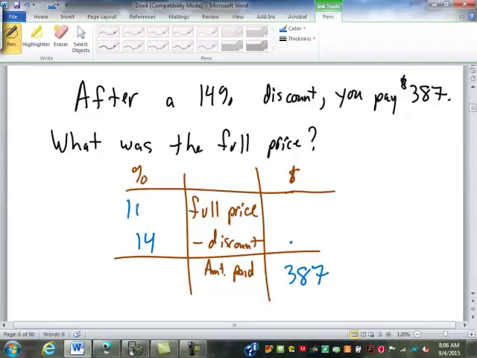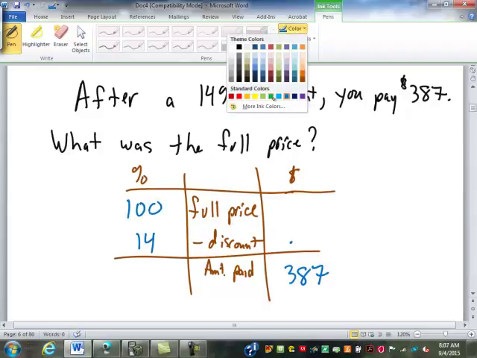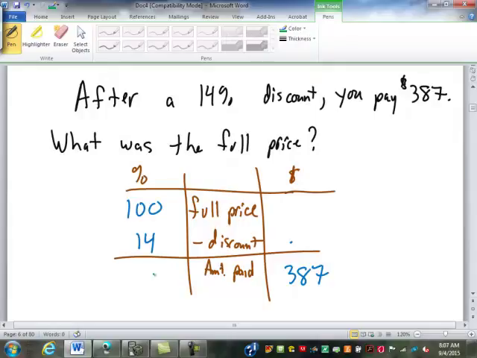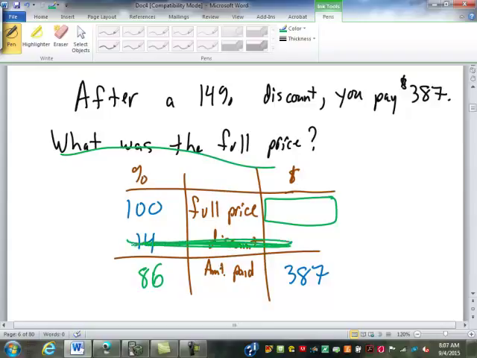We know the 100% is the full price. And from that, we can very quickly find this amount is 86. 100 minus the 14. We're looking for what is the full price. We're looking for this number right here. So I'm going to not use this middle row this time.